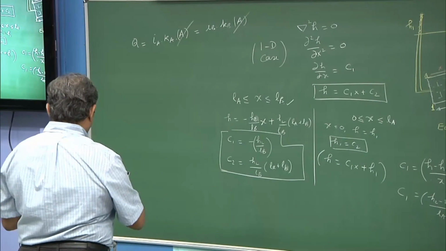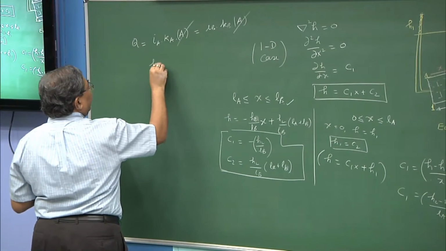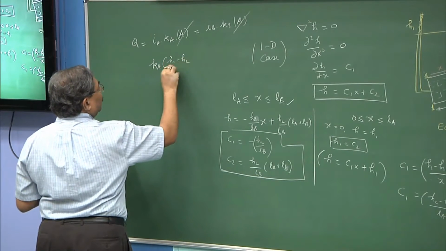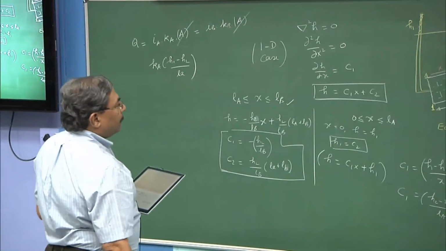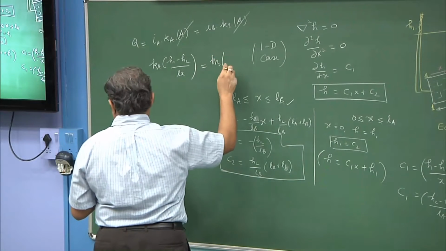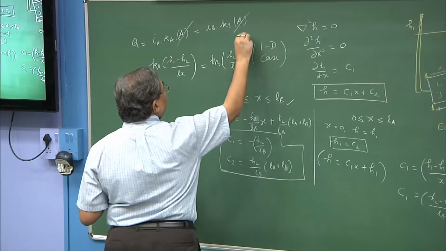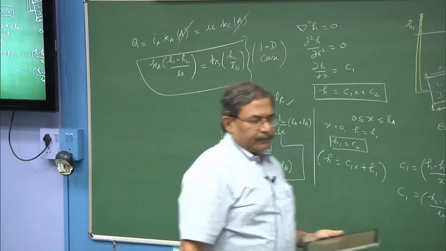So, this is going to be KA into (H1 minus H2) upon LA equal to KB into H2 over LB. So, I have got another relationship between H1 and H2.